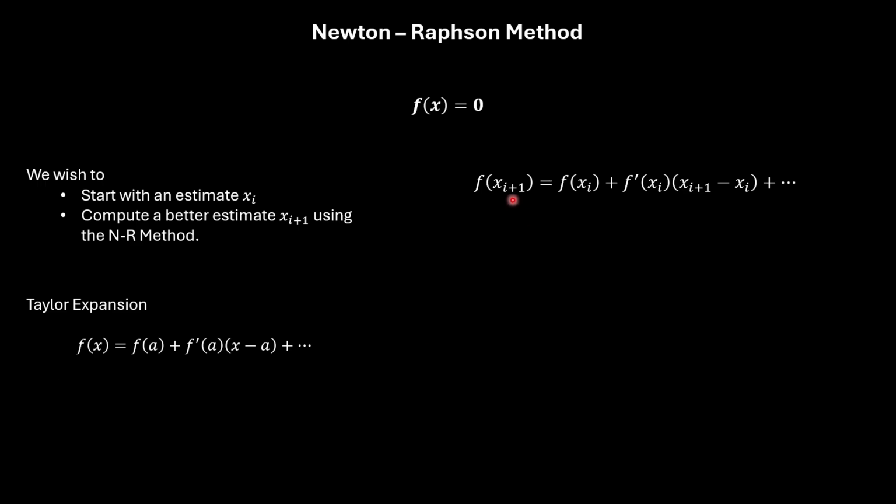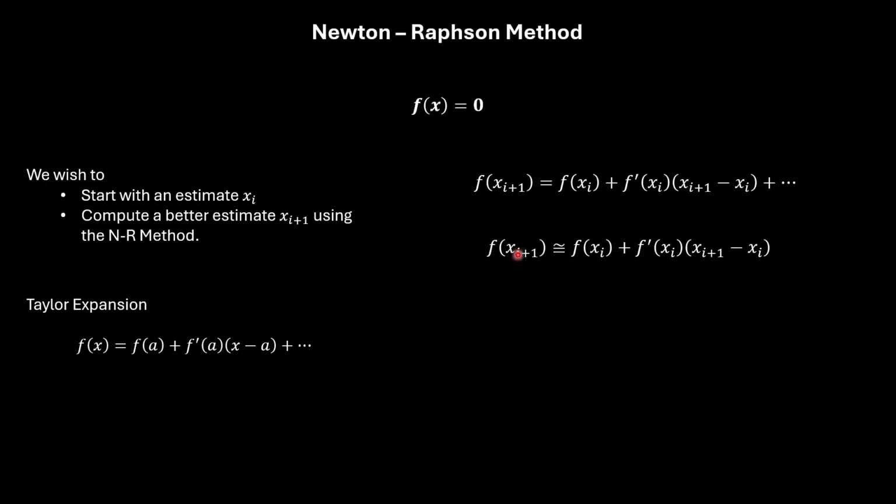So if you substitute xi plus 1 for x and xi for A, you get this expression plus some higher order terms. If you omit the higher order terms, or as we say, if you truncate them, you can drop the equal sign and get an approximate sign. And now you have this expression, which is approximate because you drop the higher order terms.